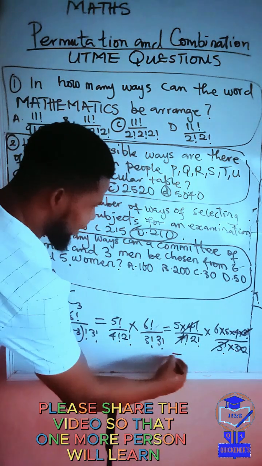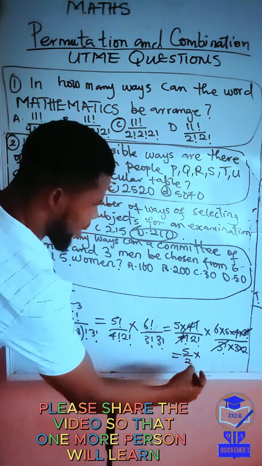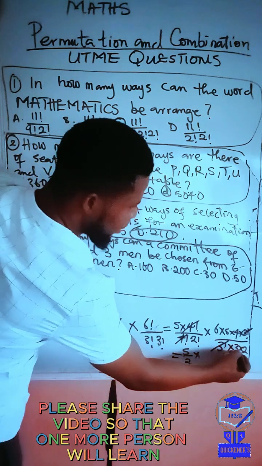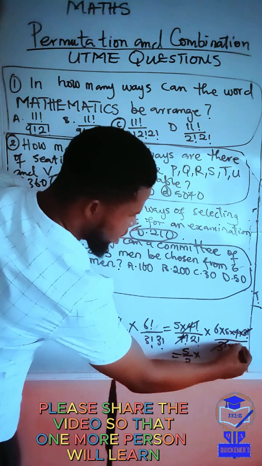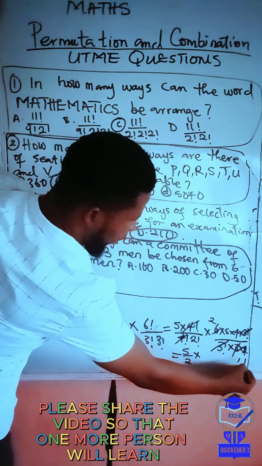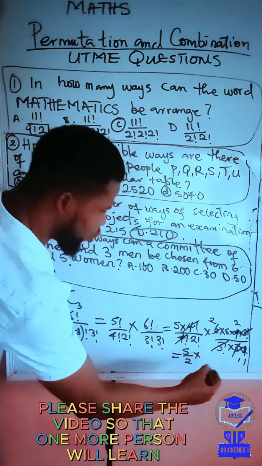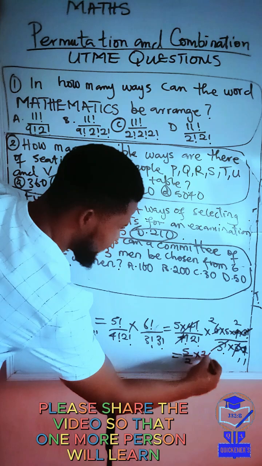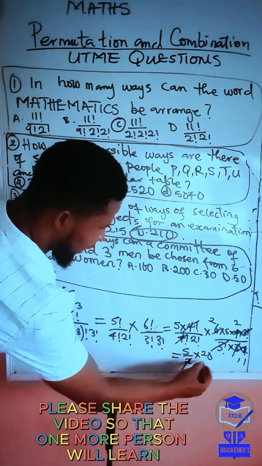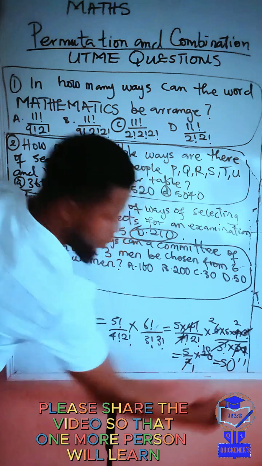So our answer is now 5 over 2 times, now 3 times 2, or 3 here 1, 3 here 2, 2 here 1, 2 here 2. So 2 times 5, 10, times 2, 20. So that's 20. 2 here 1, 2 is 20, 10. 5 times 10 is 50.